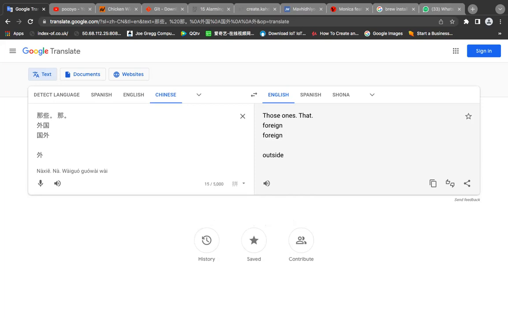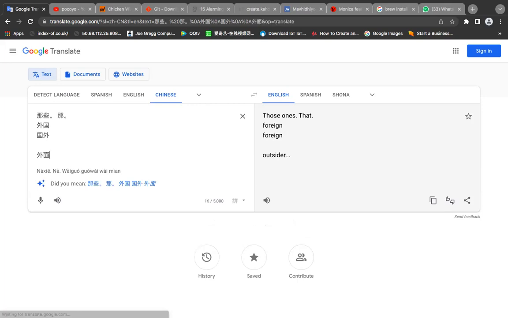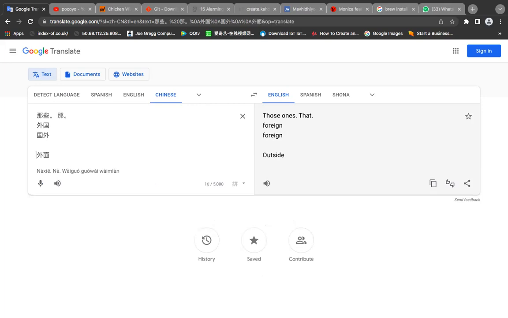You can build on the vocabulary that you already have. We say wai, and the word for side would be mian. You see, it's still saying outside.